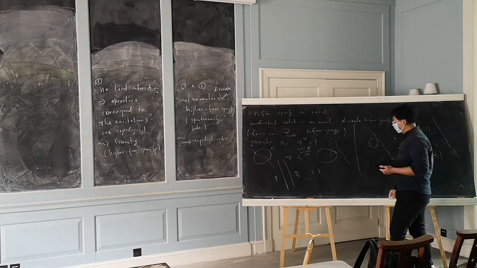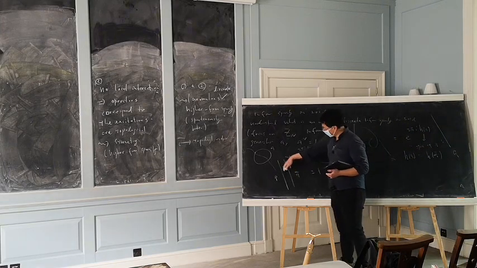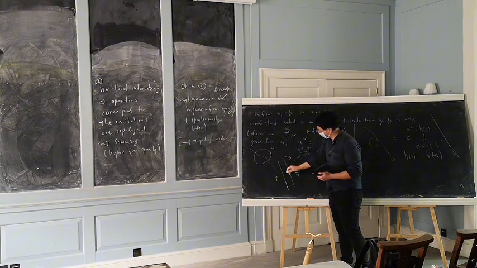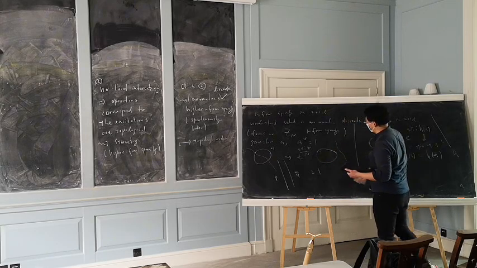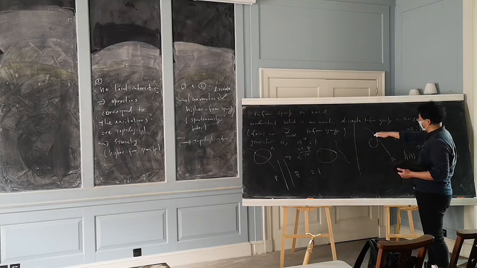Okay, and now let's try to trace this. You can think of the fusion of A and A bar as putting two lines together, and then you can twist this composite line in a similar way.